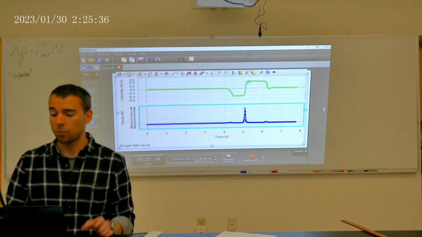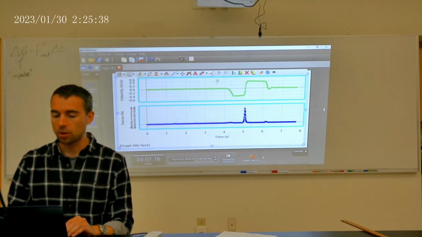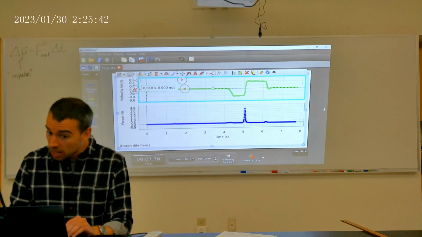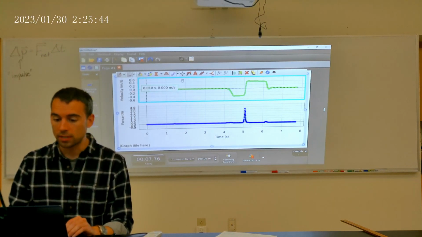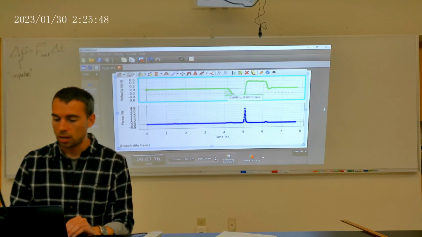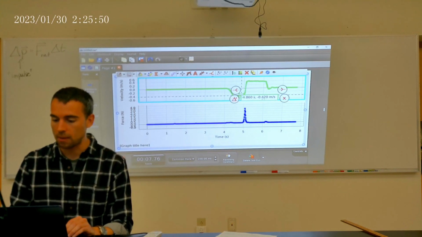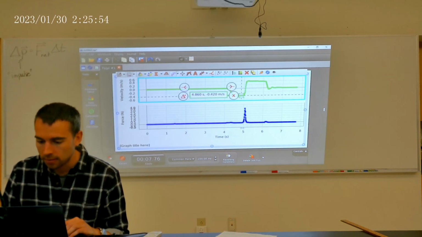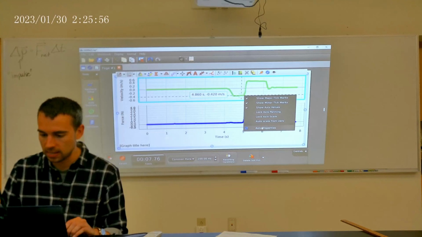So before I show you the new technique, I am going to just show you for this calculating the change in velocity. What you will want to do is figure out what your initial velocity was, like right before the collision. So maybe I'll even just zoom in a little bit so everybody can see.